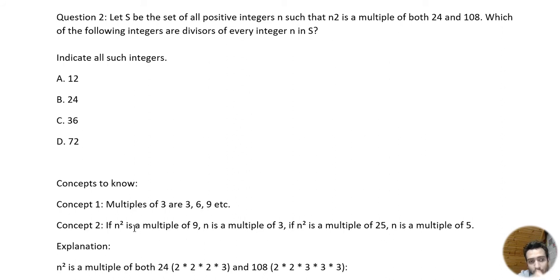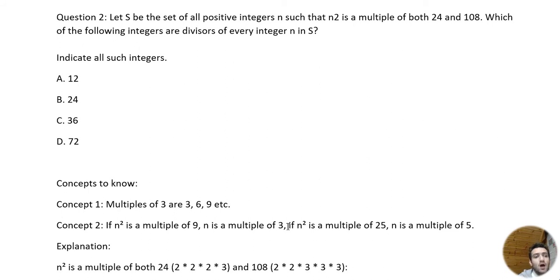If n squared is a multiple of 9, n is a multiple of 3. This is simple. For example, if the multiple of n is 9, the multiple of n squared should be, let's say, 81.